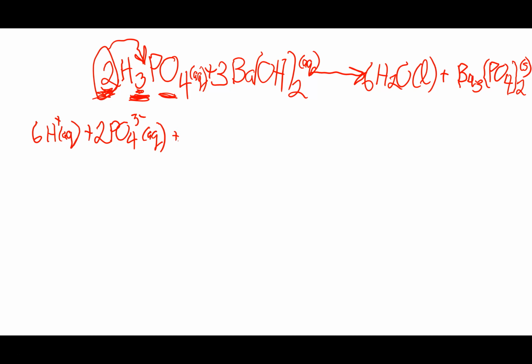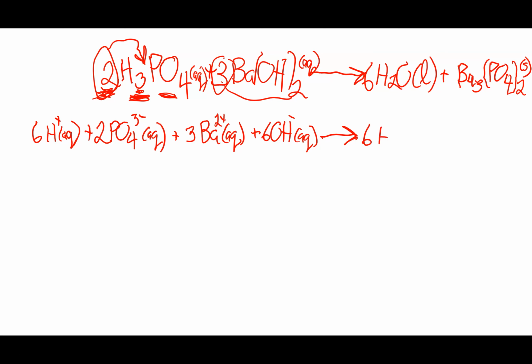Let's move over to the barium. So we've got 3 barium ions. And again, we have a coefficient which we need to distribute. So 3 and that 2, that makes it 6 hydroxides, also aqueous. Over on the product side, we see we've got water.